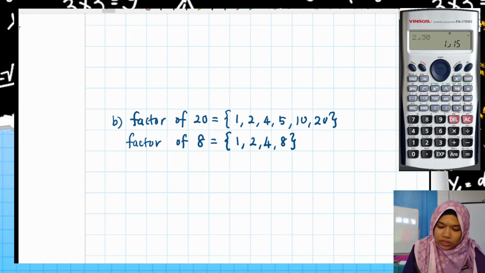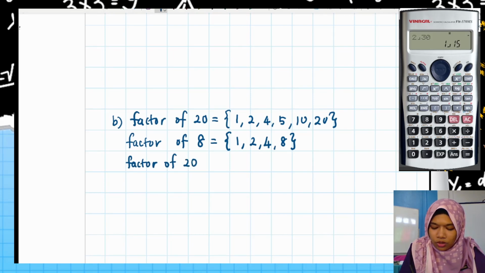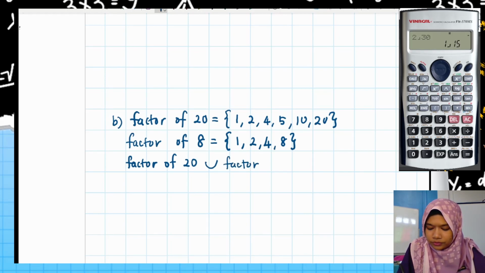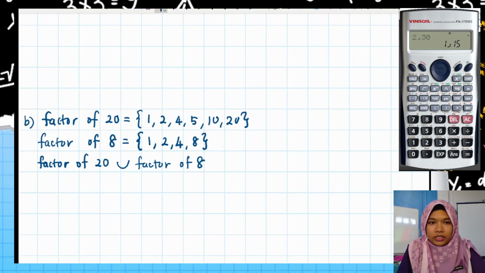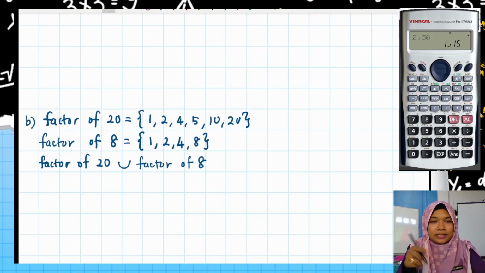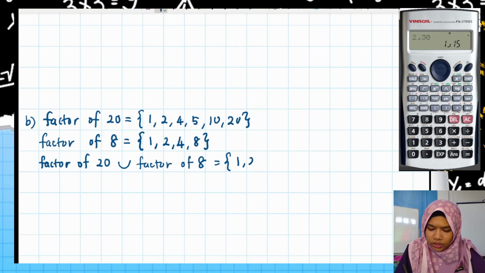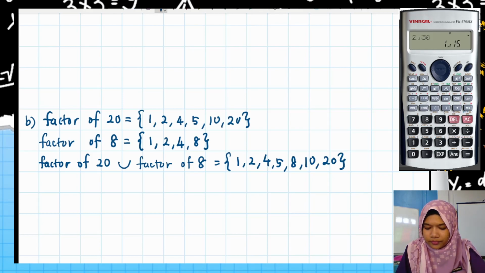Okay. So, here factor of 20 or, so union factor of 8. So, you combine all elements yang ada dalam factor of 20 and factor of 8. Okay. So, 1, 2, 4, 5, 8, 10 and 20.